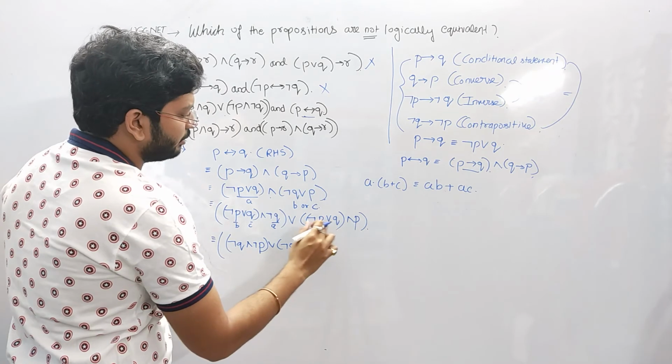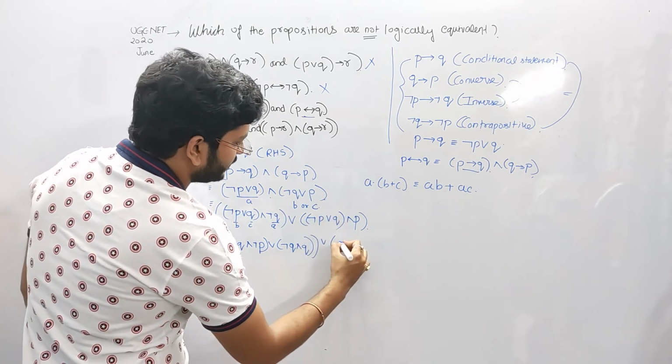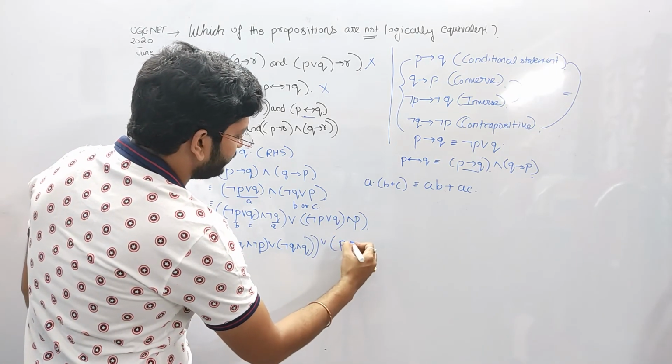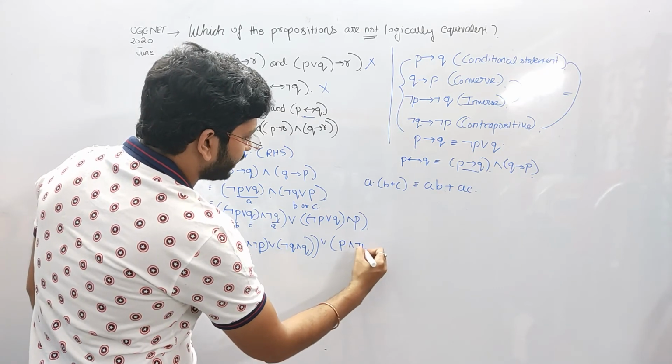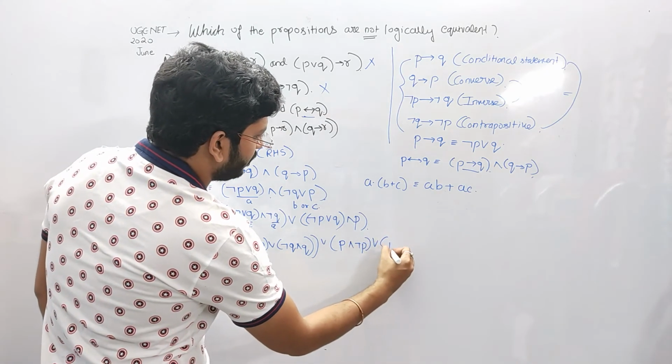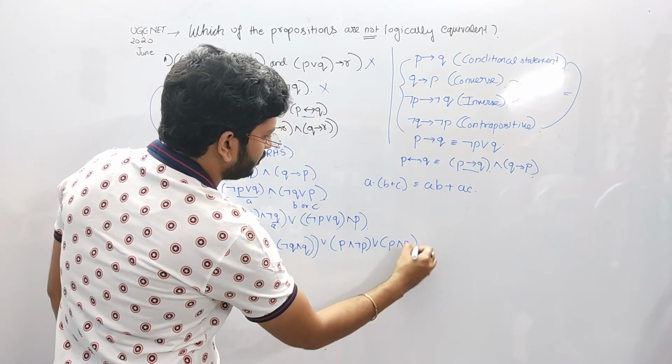Similarly here A and B plus C, that is P and negation P, or P and Q.